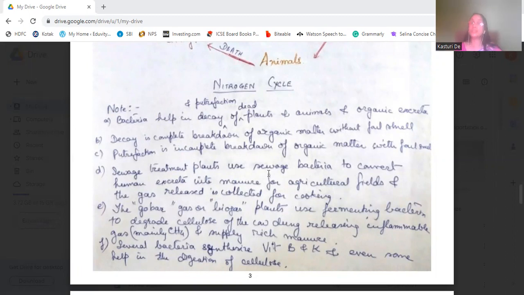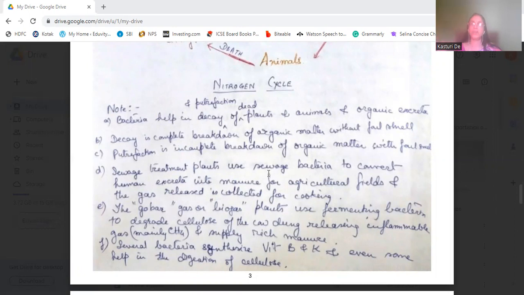This decay and putrefaction is done by bacteria. What is decay? It's the complete breakdown of organic matter without any foul smell. And putrefaction is the incomplete breakdown of organic matter with a foul smell.